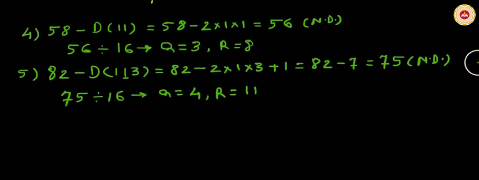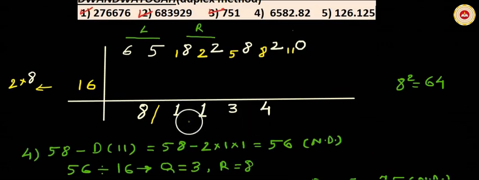So 110 minus, we are going to calculate the net dividend. 110, this is the gross dividend. Subtract the duplex. Duplex of what? Duplex of these four digits, 1134.